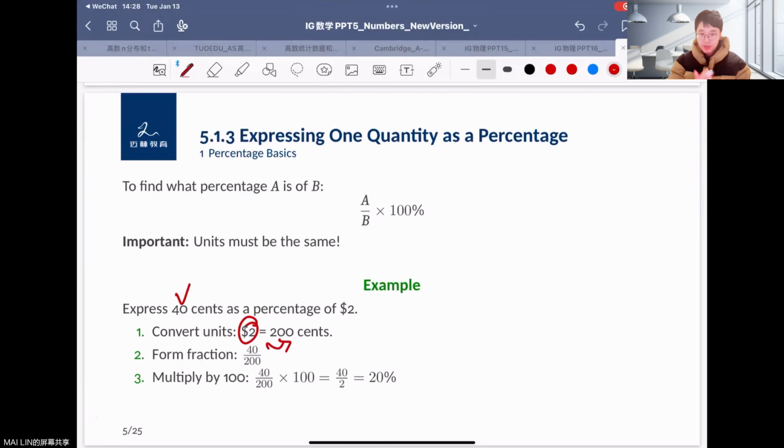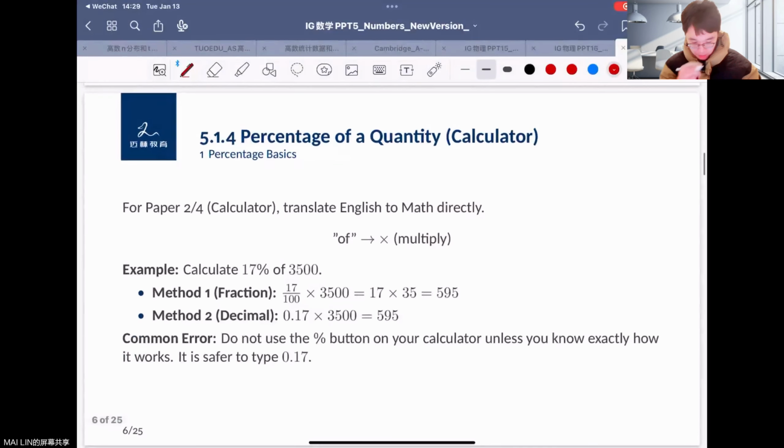The fraction is 40 cents over 200 cents, so 40 over 200. Then multiply by 100, and the final answer is 20%. That is how we express a quantity as a percentage. I think this is very important.